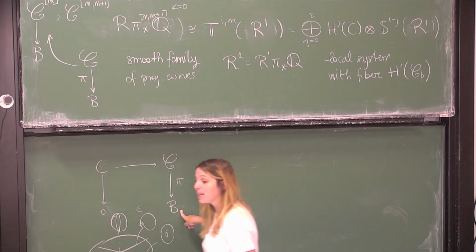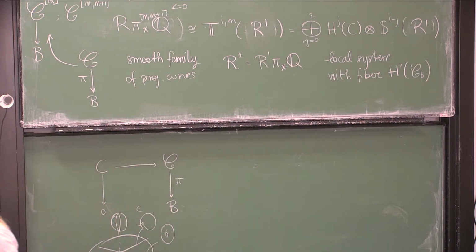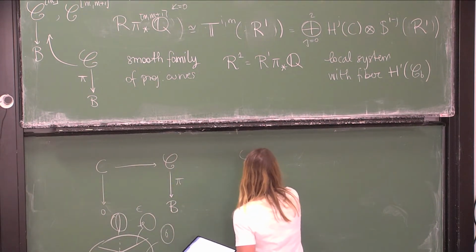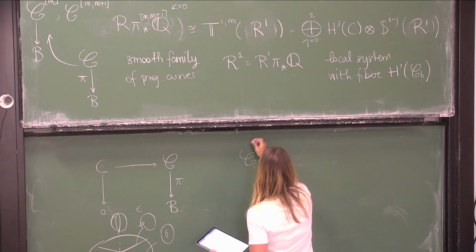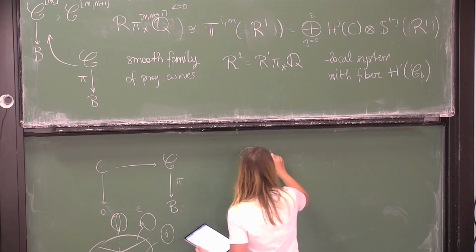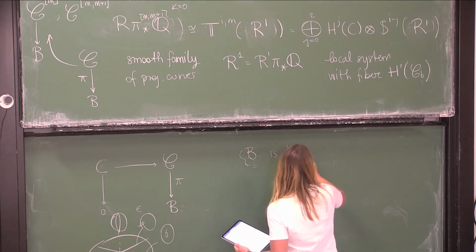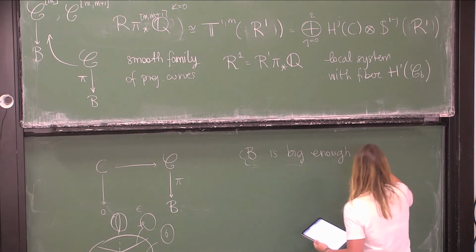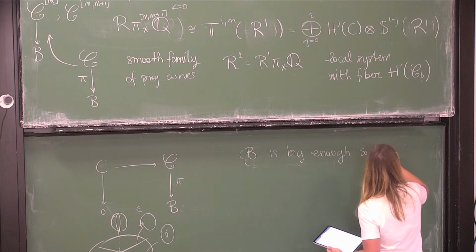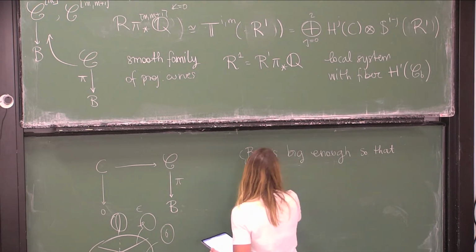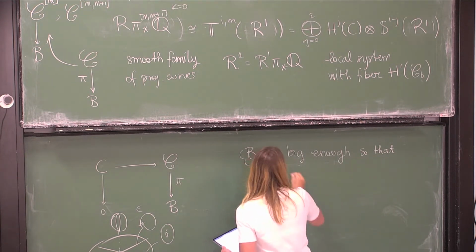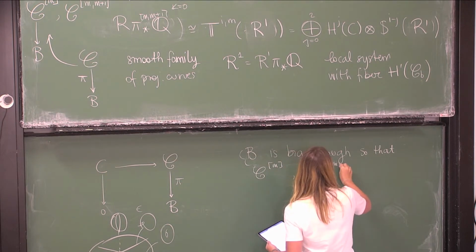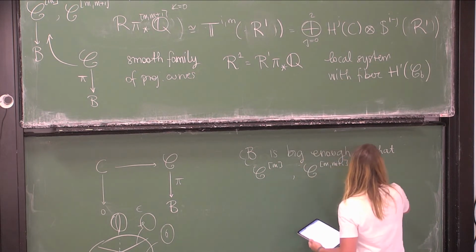Okay? And we make some requirements on this family. We ask that the base is big enough, and we will see what big enough means, so that the total spaces of the relative Hilbert scheme and of the relative nested Hilbert scheme are non-singular.